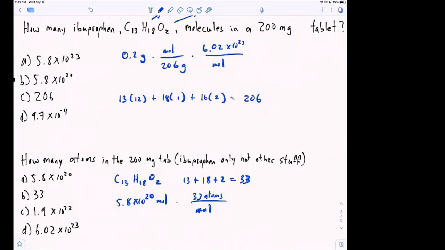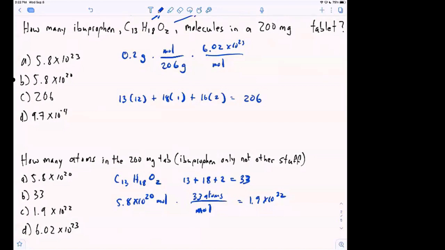And this is just for this specific instance though, right? So it's moles of ibuprofen, 33 atoms per mole of ibuprofen. And if you multiply this out, you're going to get 1.9 times 10 to the 22nd.